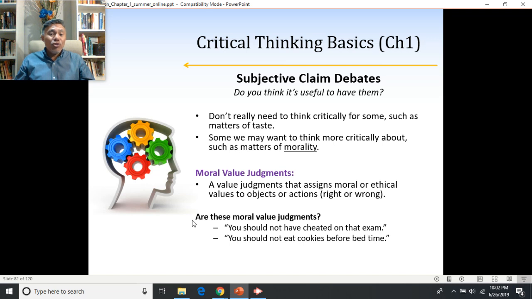Somebody says to you, you should not eat cookies before bedtime. For the most part, when we use that sentence, we're not really making a moral value judgment. You can talk about somebody being a bad person for eating cookies before bedtime, but that's not the most popular context for using that sentence, right?